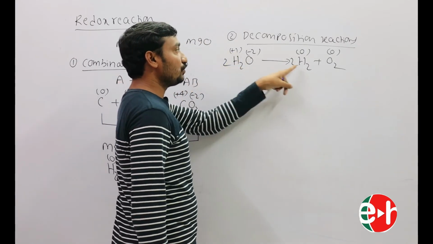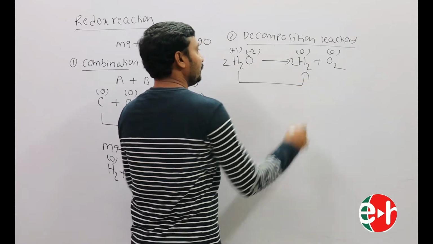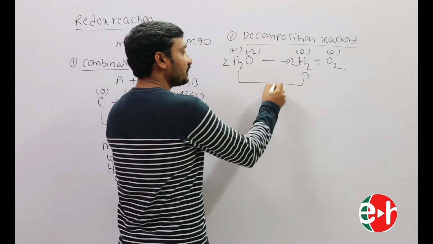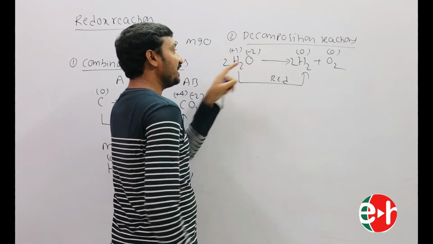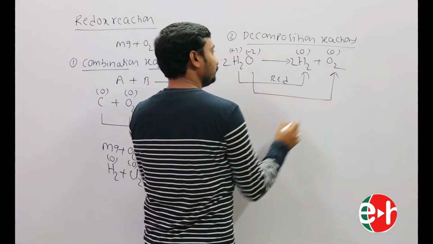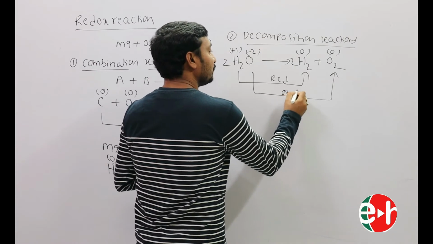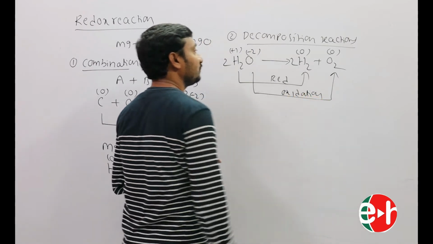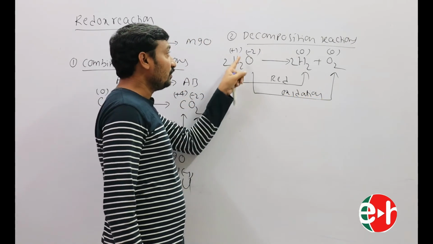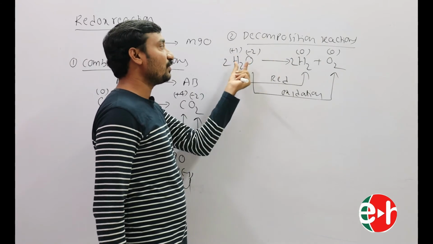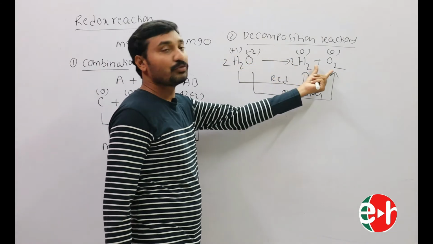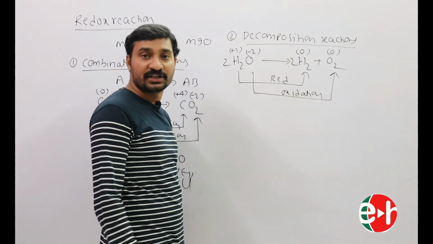Now, hydrogen plus 1 to 0: the oxidation number decreases, that's why reduction. Oxygen minus 2 to 0: the oxidation number increases, that's why oxidation. Okay, so this is an example of a decomposition reaction. One substance decomposes and gives two or more substances. That is called a decomposition reaction.